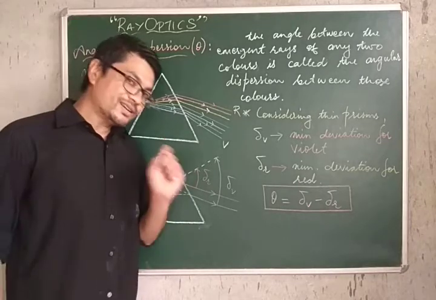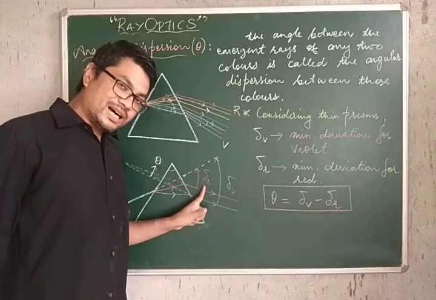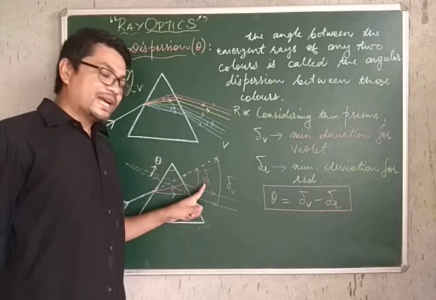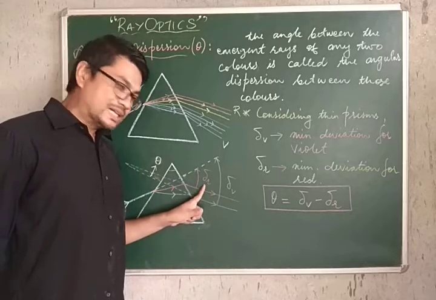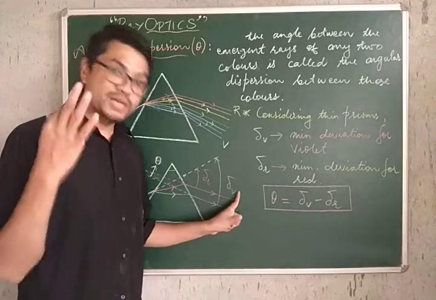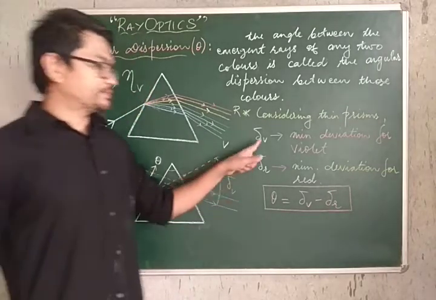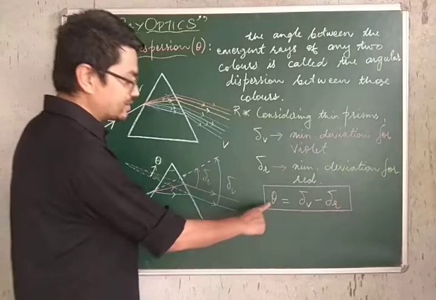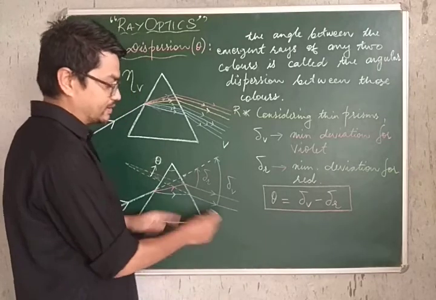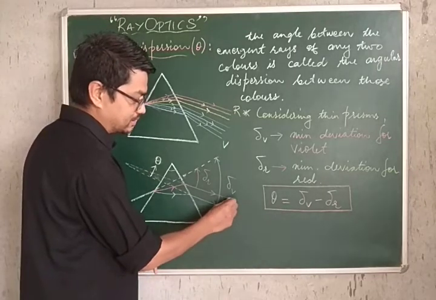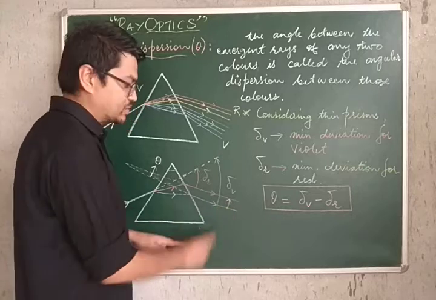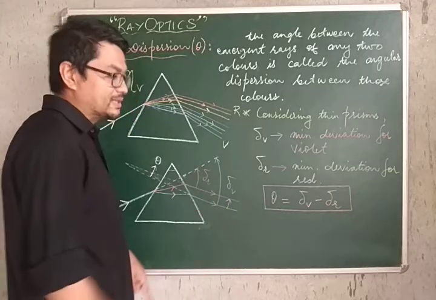So, considering thin prisms, delta R is the angle of minimum deviation for red light and delta V is the angle of minimum deviation for violet light. So, if that's the case, then angular dispersion, as you can see from this picture, is delta V minus delta R.